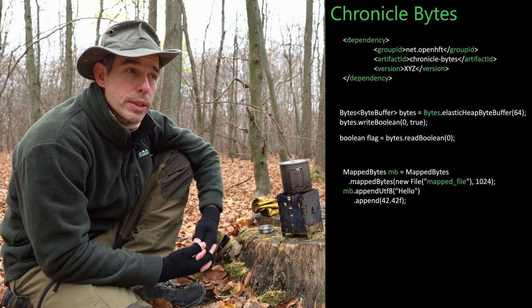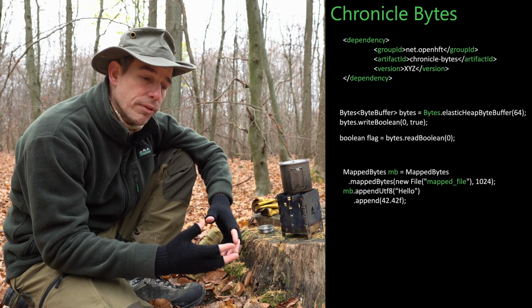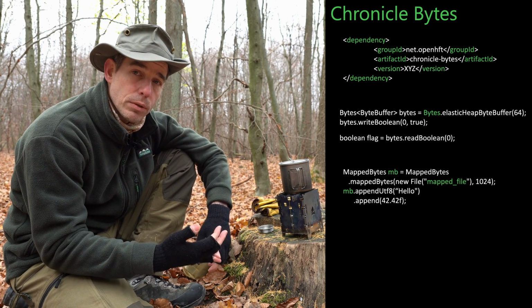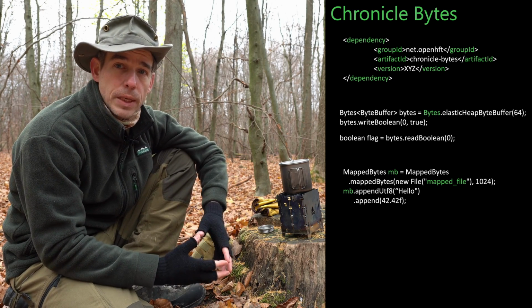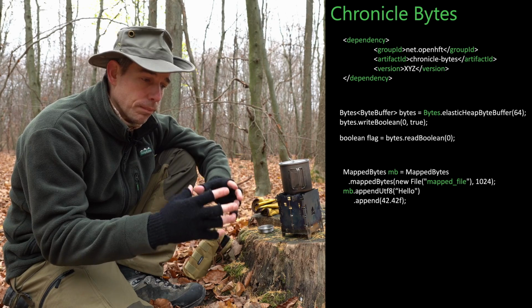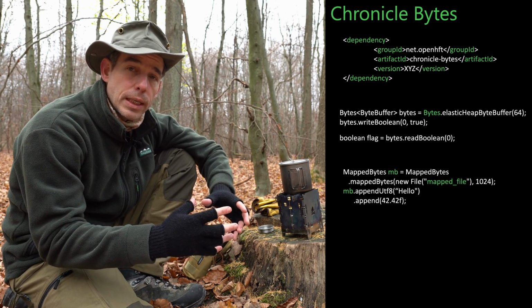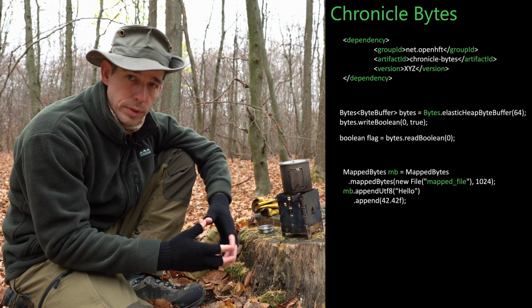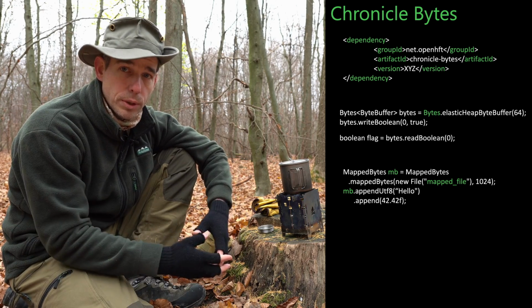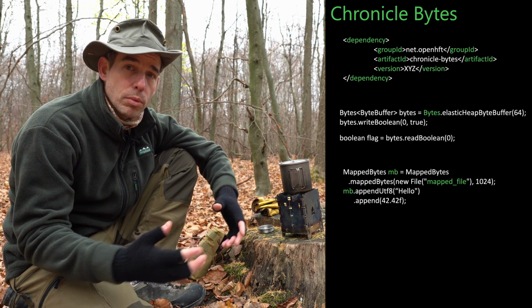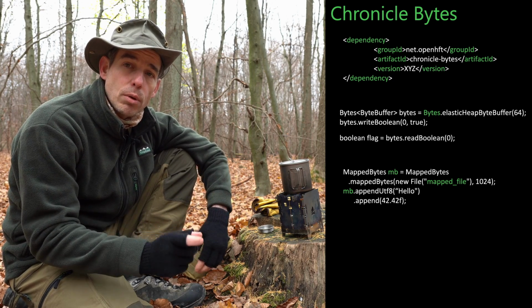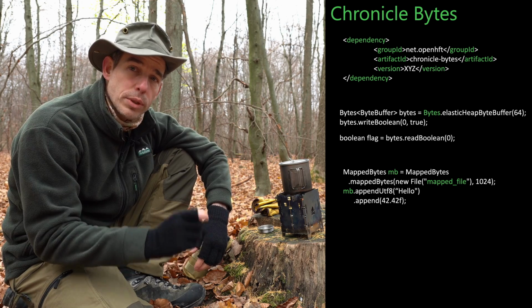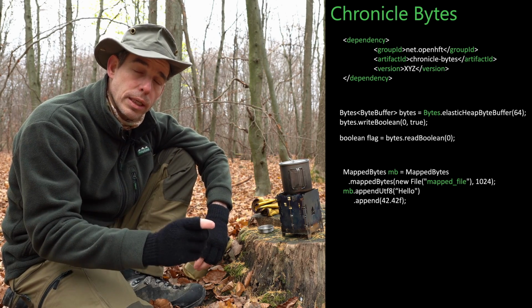So what is the target here? The target is to have a very fast solution to write very compact data down. If you have your business model, you have to decompose this into different attributes. So a class with two attributes, maybe an int and a byte, will be just one append with an int, one with a byte, and the next one is again an int and a byte.